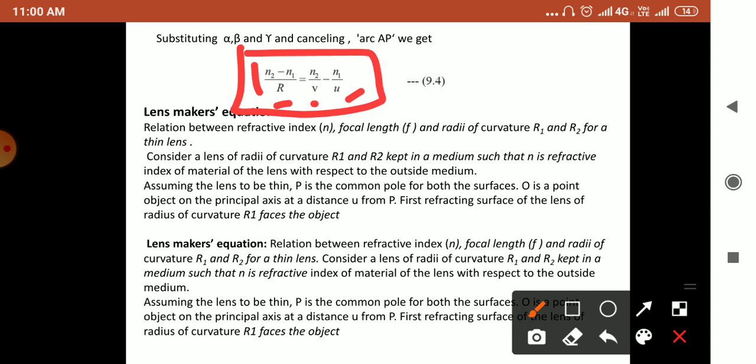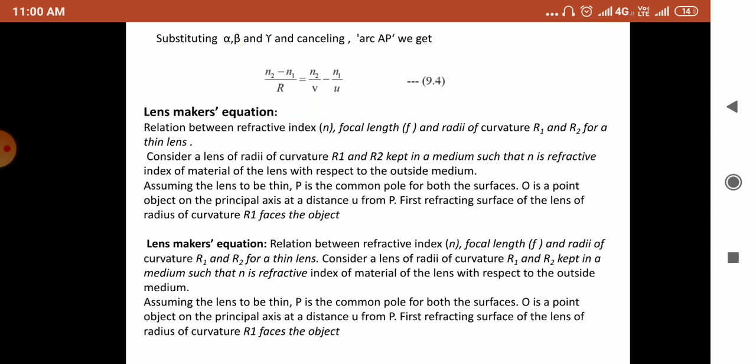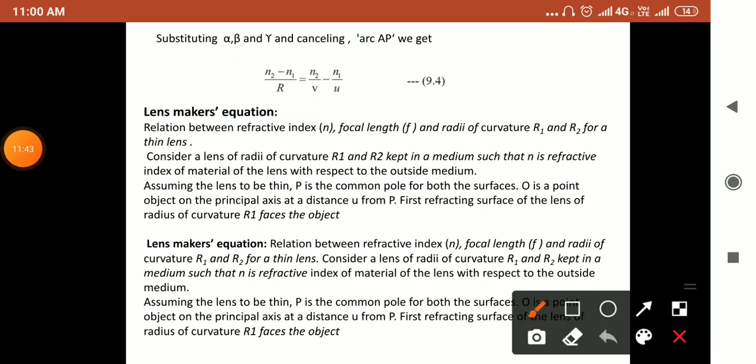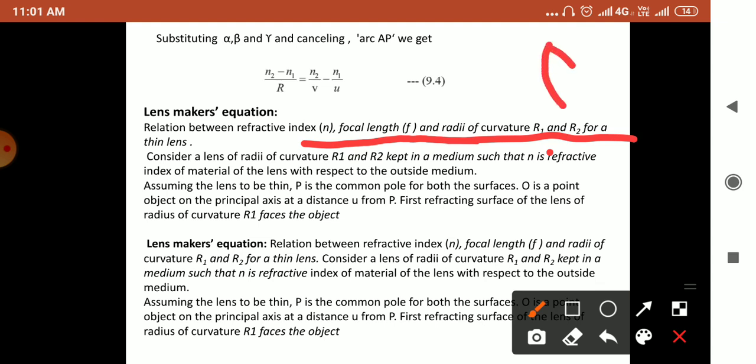Now we have to study about Lensmaker's equation. This Lensmaker equation will give the relation between refractive index, focal length, then radii of curvatures R1 and R2, as refractive index of lens.